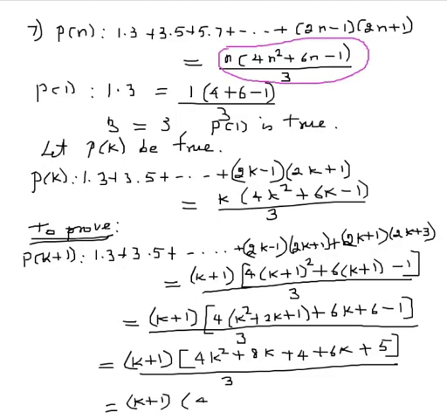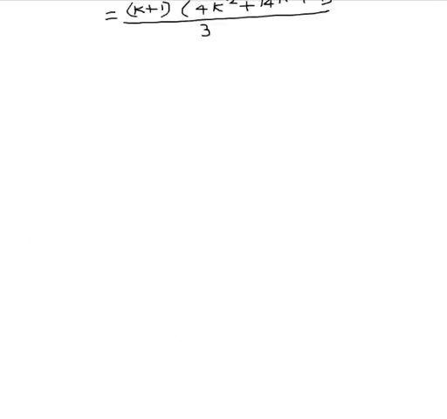K plus 1 times, let us add the like terms: 8k plus 6k, which will be 14k, and 4 plus 5 is 9, plus 9, divided by 3.